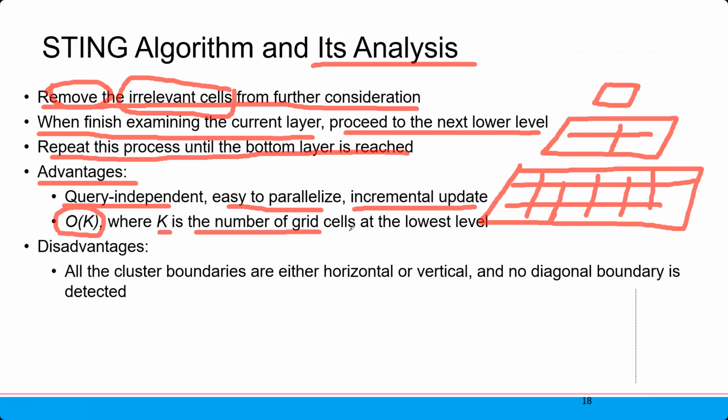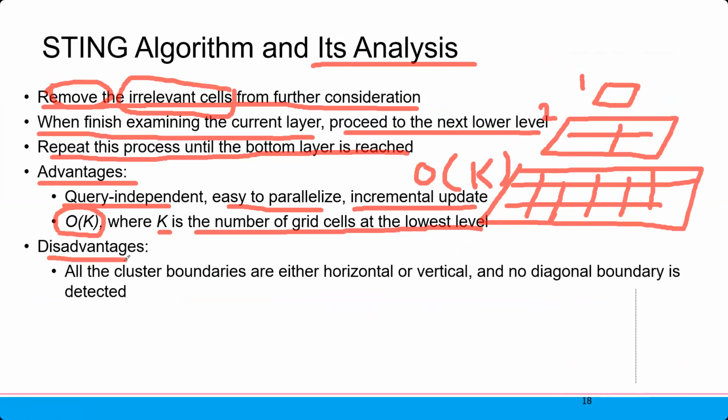K is the number of grid cells at the lowest level. So if it is the parent, we have only one cell. If it is, for example, the second layer, we have 4 cells. And then we can go until K layers. In the K layers, we have K number of grids, so we just calculate K times.